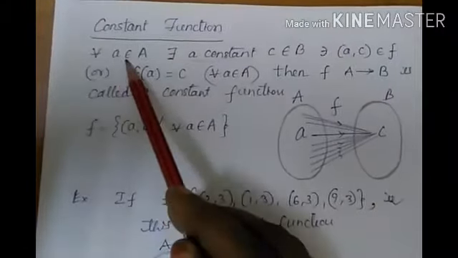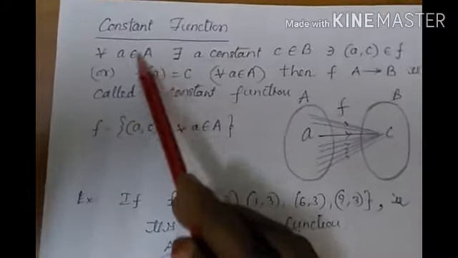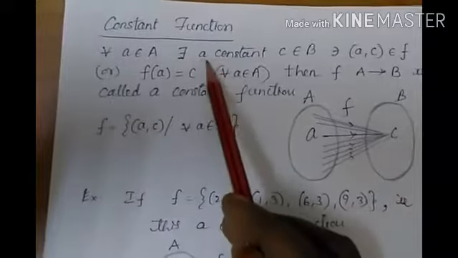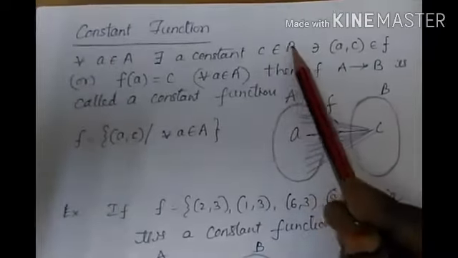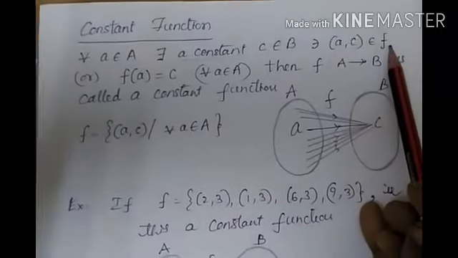For every a belongs to capital A, that means for all elements in capital A, there exists a constant c belongs to capital B such that the ordered pair (a, c) belongs to f.